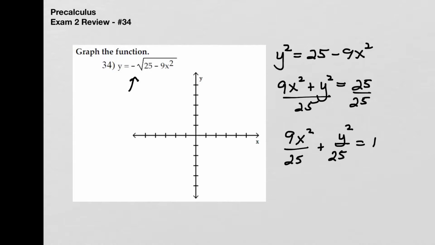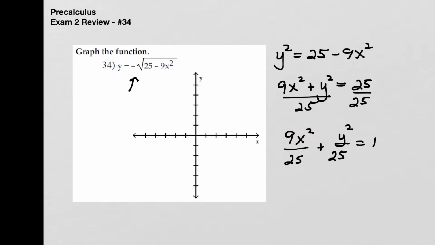It's the negative side of the ellipse, and it just depends on whether this is a wide ellipse or a tall ellipse. And in order to figure that out, I need to determine what a squared and b squared are. So I still don't really have this in standard form, and the problem is that I have 9x squared in the numerator, and it should just be an x squared.